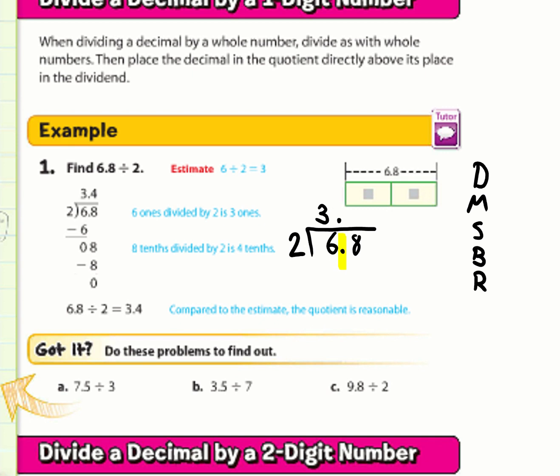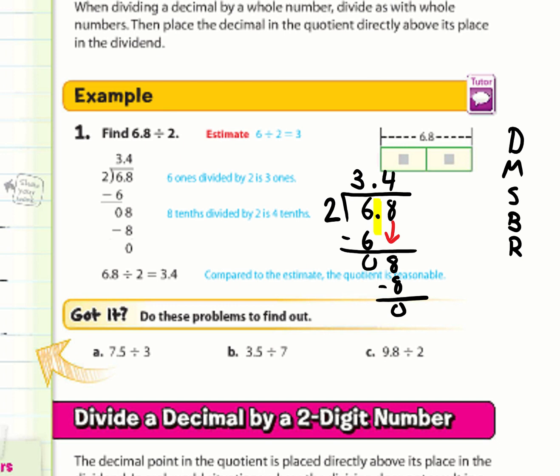After we divide 6 divided by 2, then we need to multiply 3 times 2 is 6, subtract, 0, bring down, and repeat. 2 goes into 8 4 times. 4 times 2 is 8, subtract. We have nothing to bring down, and we have 0, so this problem is finished. So it is 3.4.